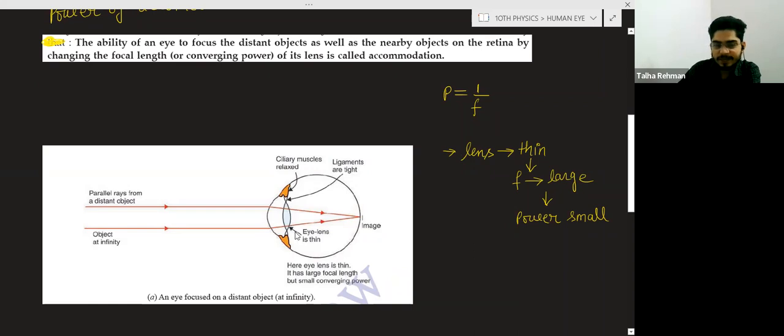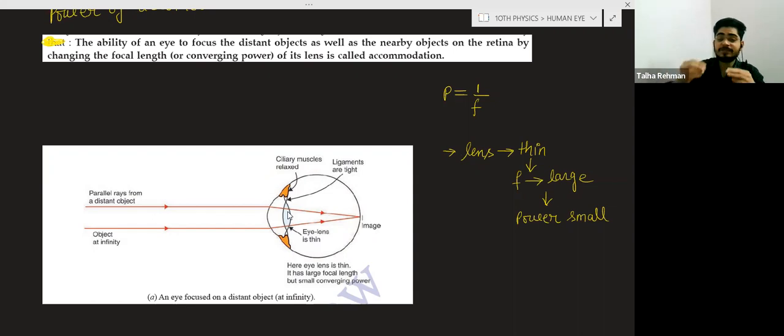Okay, and after that, due to the small converging power, as the rays are parallel from some object, this lens should have the small converging power. Only small converging power is required to converge the parallel light rays.